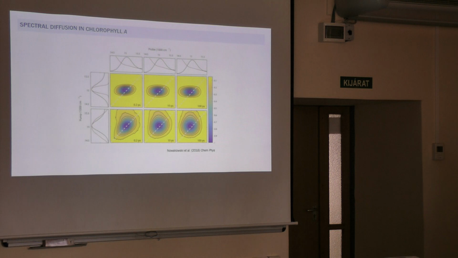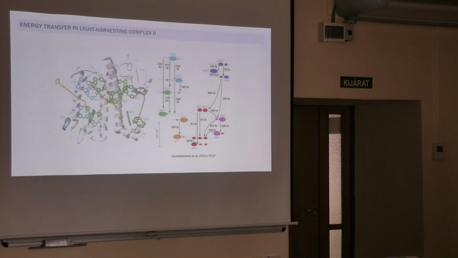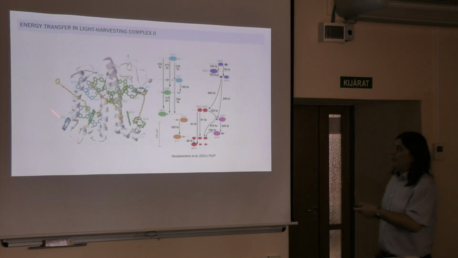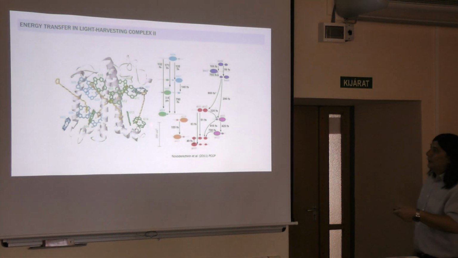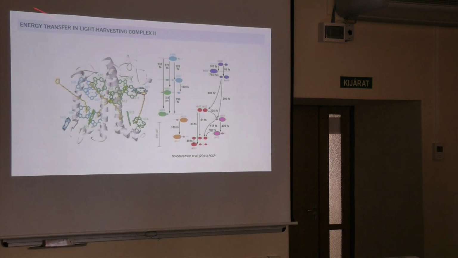Now if we go back to photosystem 2, let's isolate the light harvesting complex, only one subunit of the light harvesting antenna. It has chlorophyll B, chlorophyll A, 4 carotenoids, and you can sort of model the excited states.